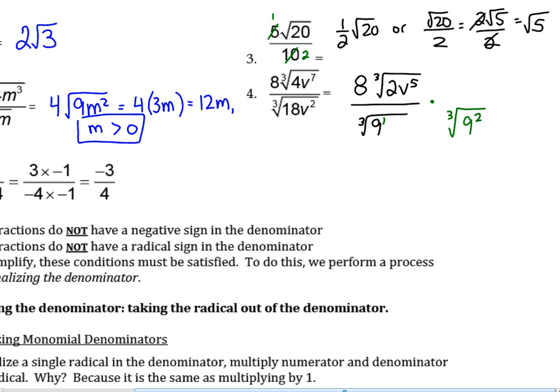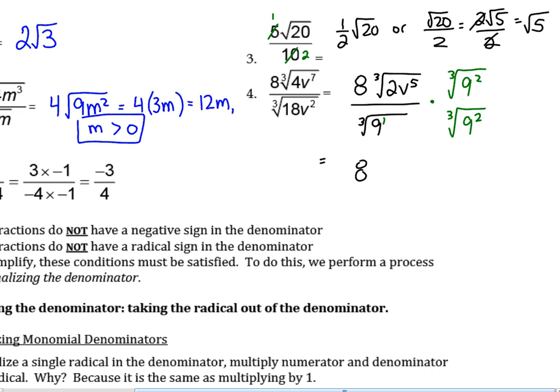I want to make this the cubic root of 9 cubed, because then the cubic root and the cube would cancel each other out. Then it would be gone. So I'm multiplying the top and bottom by the cubic root of, what is 9 squared? 81. Okay? So I'm just showing you this for fun, but is it going to be on your test? You're going to only have square roots, okay?